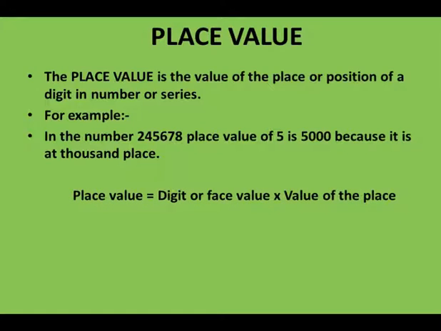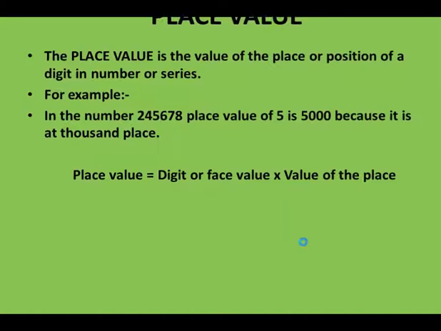So place value is the digit or its face value, that is the actual digit where it exists, that is 5, and the value of the place at which it exists, that is unit, tens, hundred and thousand. So the digit multiplied by 1000, so 5 multiplied by 1000, we get 5000 as its place value.